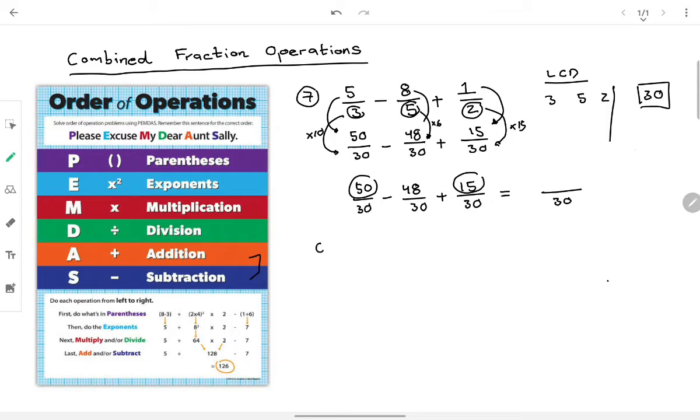That will give us 65 positive, and we will have 48 negative. The bigger is the positive one, so our answer will be positive. 65 minus 48 will be 17. So our answer will be positive 17 over 30. This will be our final answer in this specific exercise.